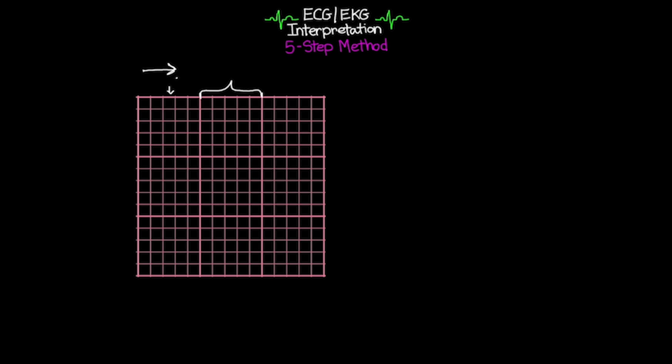And so if we look at our small box here, every single one of these small boxes is going to be 0.04 seconds. So from here to here is 0.04 seconds. Now, if you do some basic math and you see that you have 5 of these small boxes forming a big box, then you can come to the conclusion that you have 0.2 seconds going from here over to here.